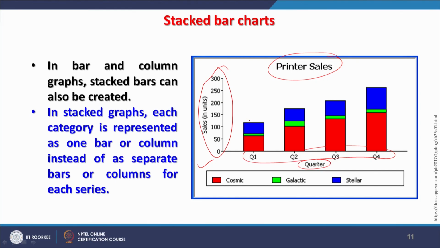Now, in stack graphs, each category is represented as one bar or column instead of separate bars. Within a bar I can compare, and among bars I can also compare.